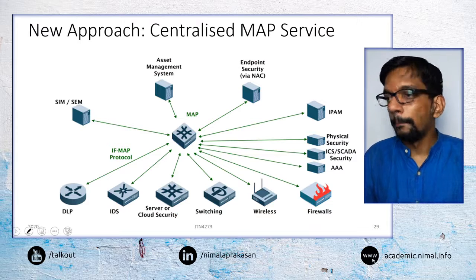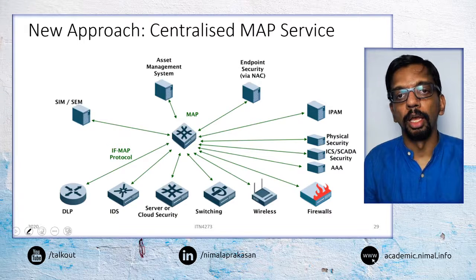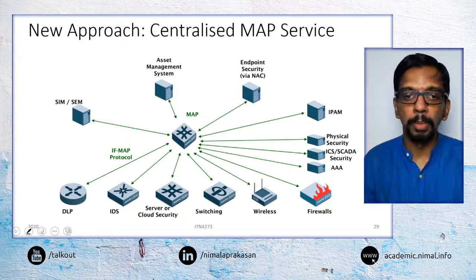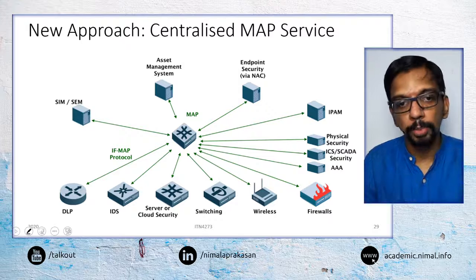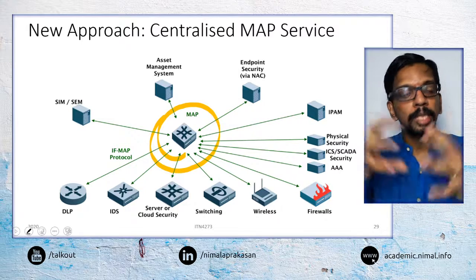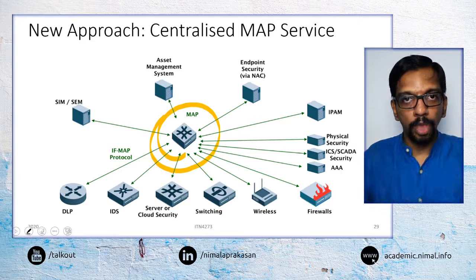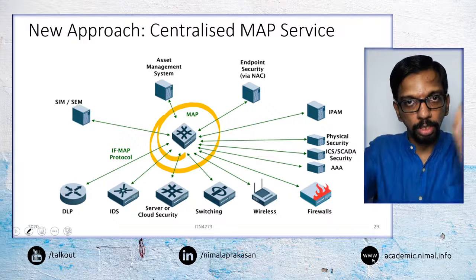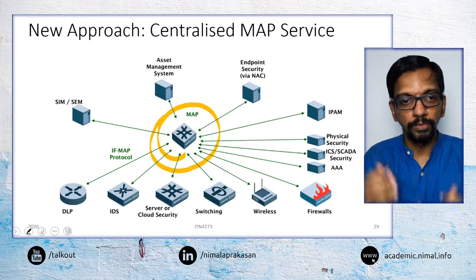But with MAP, or the new approach with TNC with MAP or metadata access points, what we have here is the MAP acts as this centralized point where all the information from all the services, all the devices, everything come together.